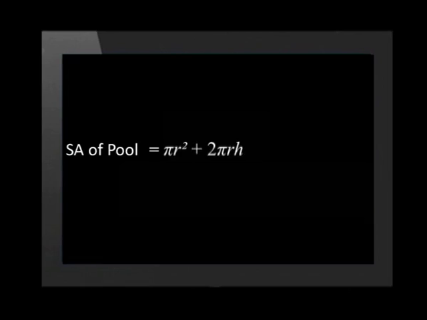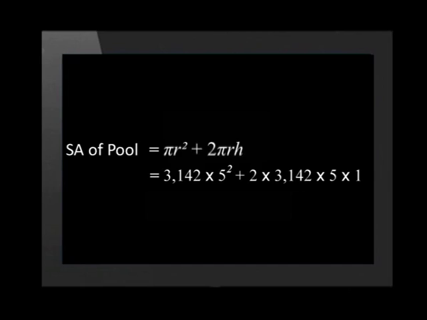Using the given dimensions and this formula, we have now adapted, let's calculate the surface area to be painted. Using the formula for the surface area of a cylindrical shape and the given dimensions, we get the surface area of the pool to be equal to 3,142 times 5 squared plus 2 times 3,142 times 5 times 1.